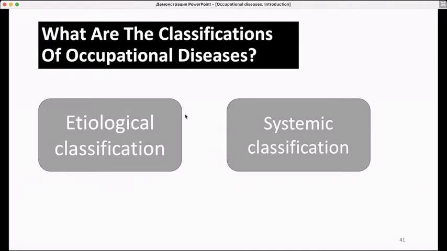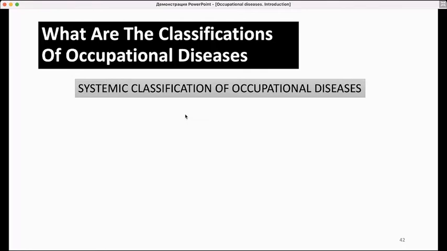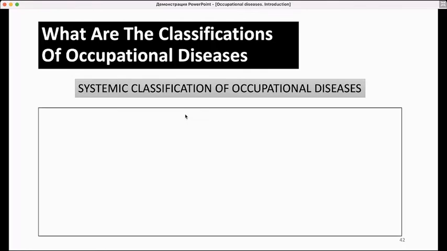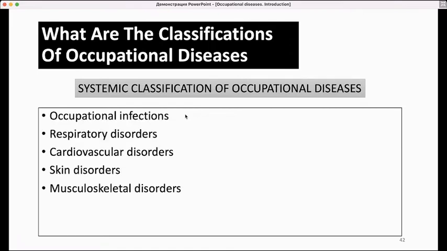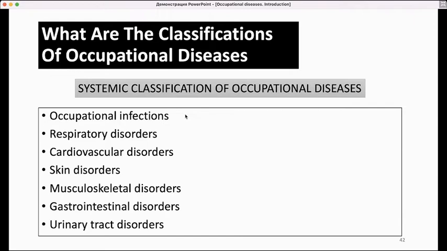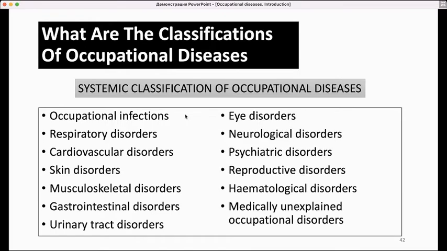However, in addition to these two approaches, which are recognized by the International Labour Organization as international, each state or country has its own national list of occupational diseases. And the first classification is systemic. Here we can see the group of occupational infections, respiratory disorders, cardiovascular diseases, skin disorders, musculoskeletal disorders, and so on.